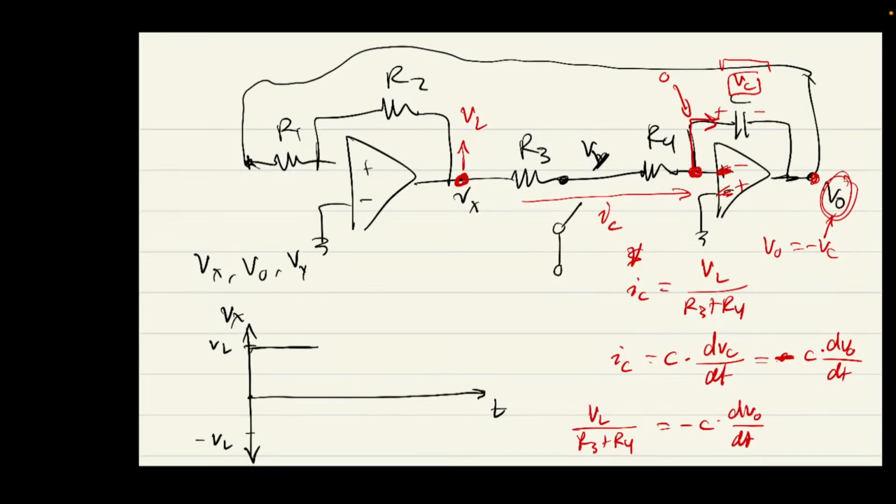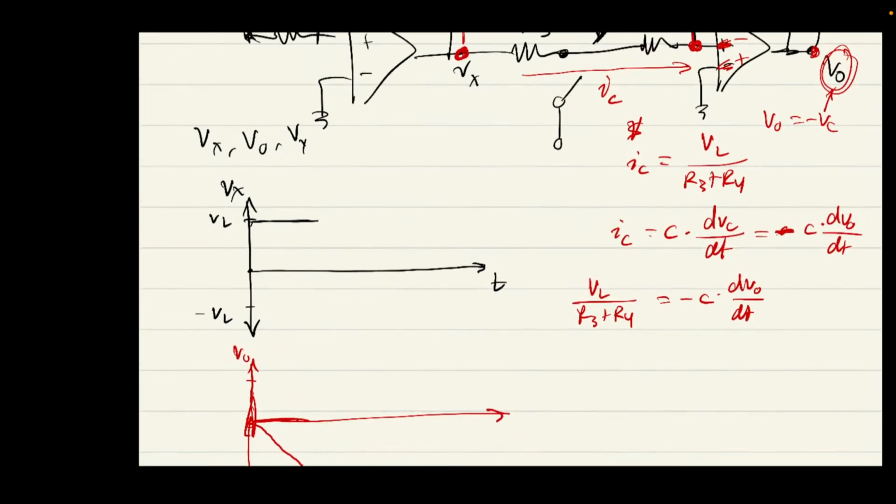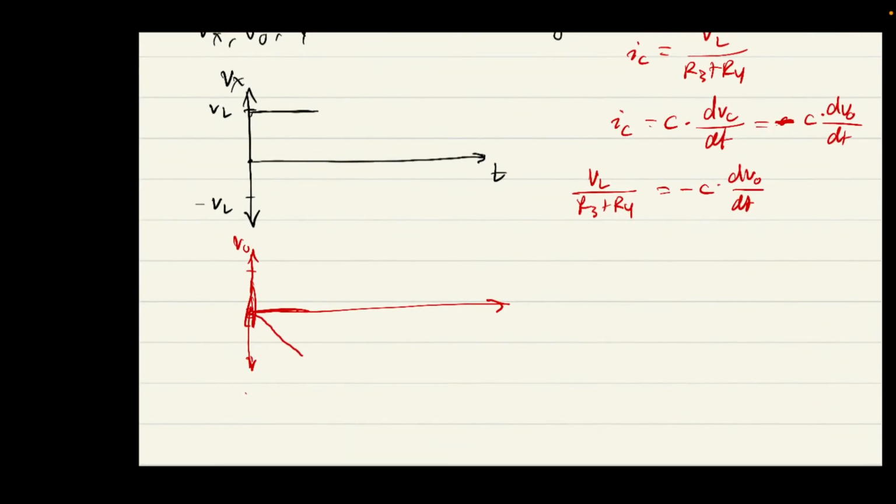And remember that VO is actually the input to the Schmidt trigger. So we'll see that it'll hit that threshold value that we derived before, which is negative R1 on R2 times VL.